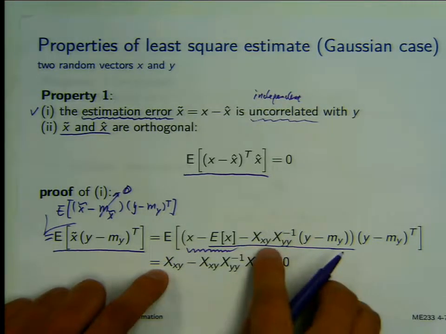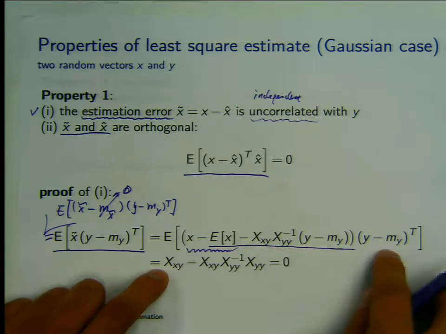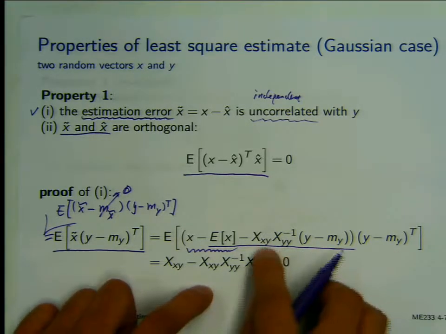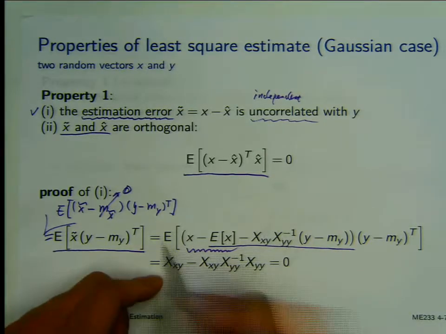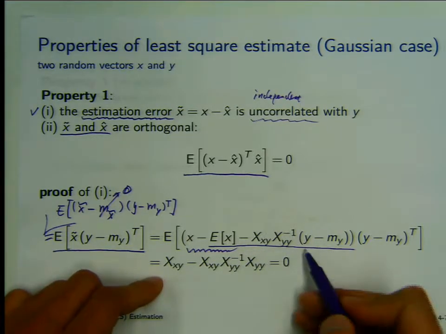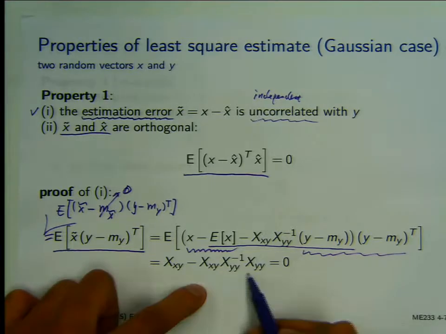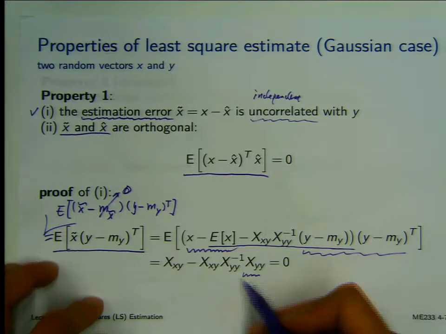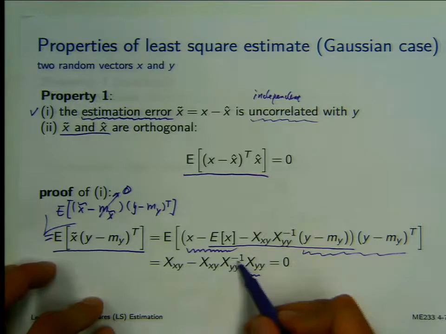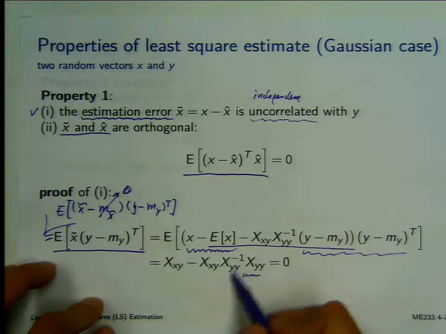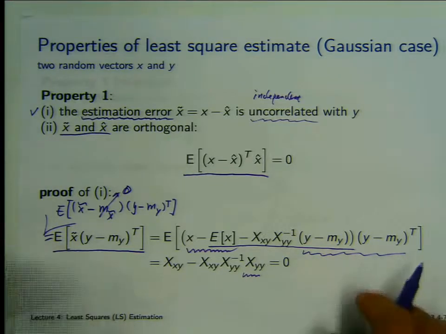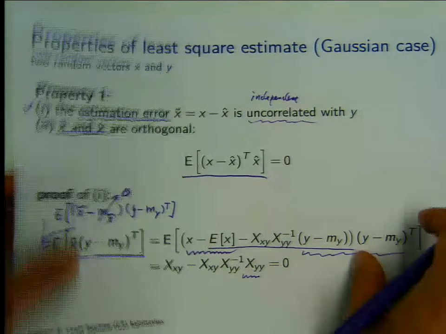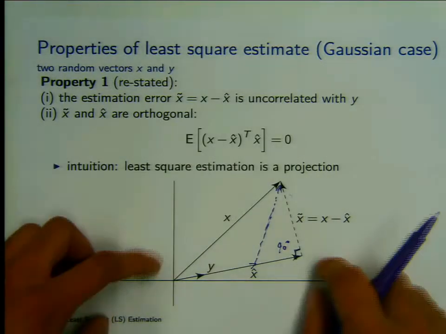And this term, after being multiplied by this term, I can take these out of the expectation sign, since these are constant matrices. So I'm just going to get the covariance of y. Look at the result here: the cross covariance is multiplied by the inverse of the covariance of y, so this is going to become 0. Not difficult to prove, but this is the picture I want you to keep in mind.